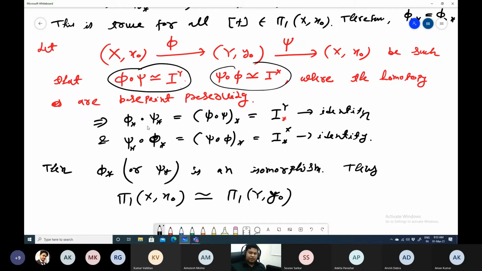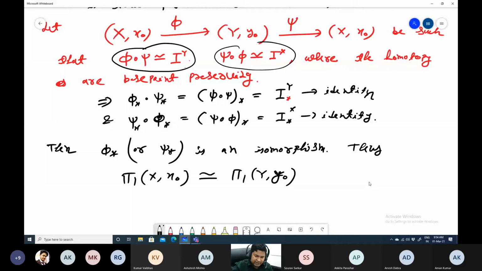Therefore they are isomorphisms, and therefore we can say that pi 1 of x with base point x0 is the same as pi 1 of y with base point y0. And in this case we say, this is the definition, that the topological spaces x and y are homotopic.